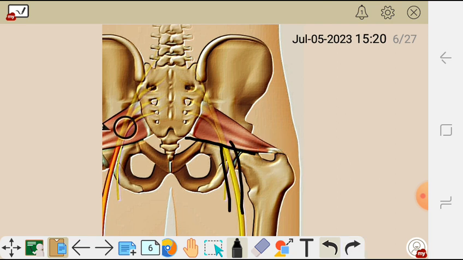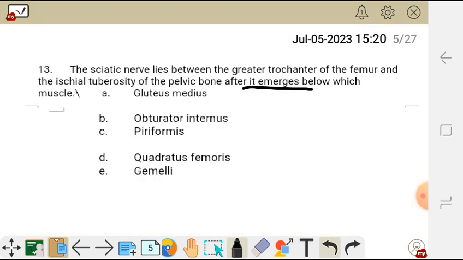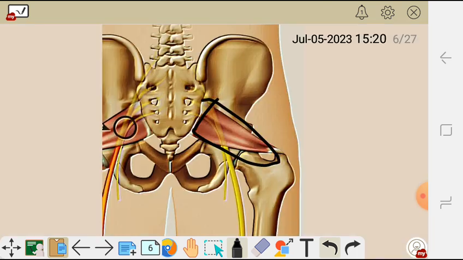So underneath, it emerges below the piriformis muscle there. So the correct answer here is C. Emerges below the piriformis muscle. Question 13, the correct answer is C.